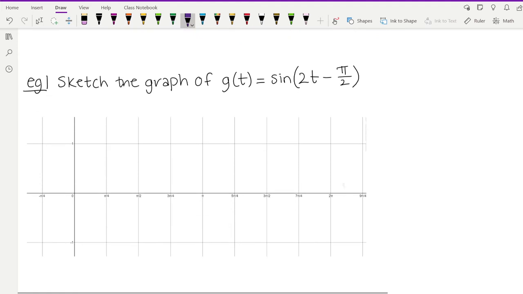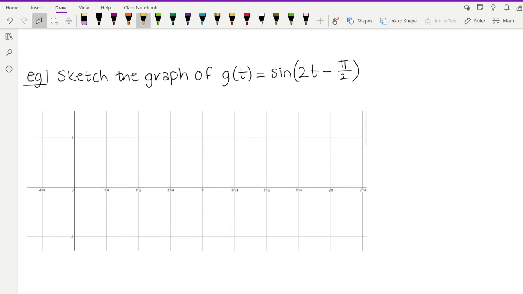Okay, so notice that in this example, we have both a number being multiplied with t, so that's telling us that we have a horizontal stretch or compression, and then we also have a number being subtracted, and so that tells us there's a horizontal shift.